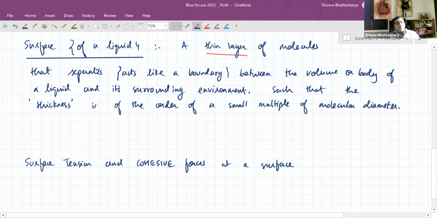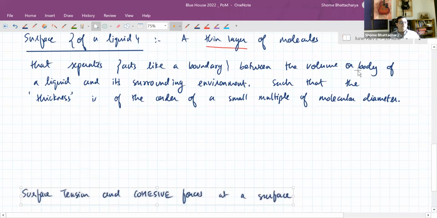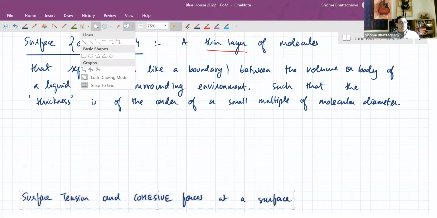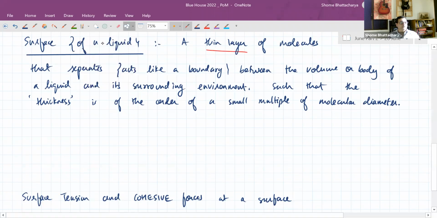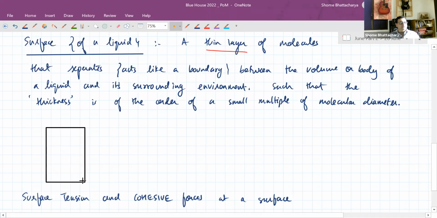So typically we are talking in fractions of microns, extremely thin layers. Okay. So an example of a surface would be the open surface of a liquid in a cylindrical vessel, which separates the body of the liquid from the surrounding atmospheric air. That would be an example of a surface.